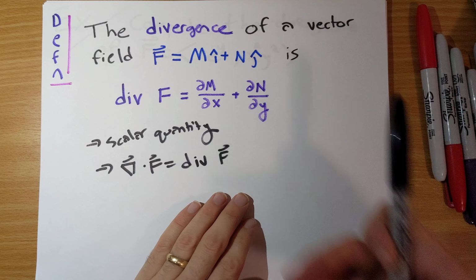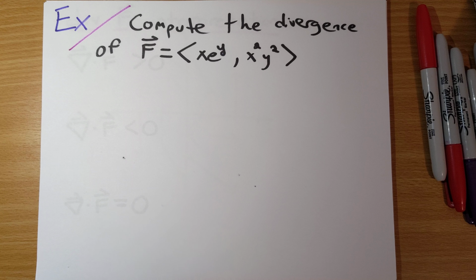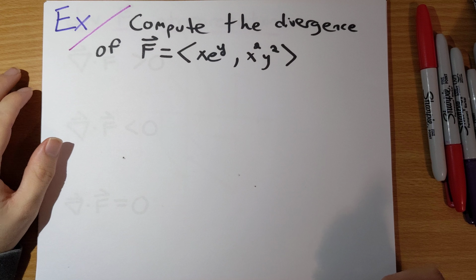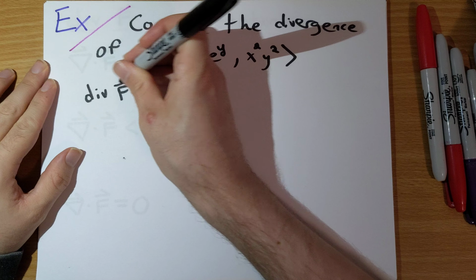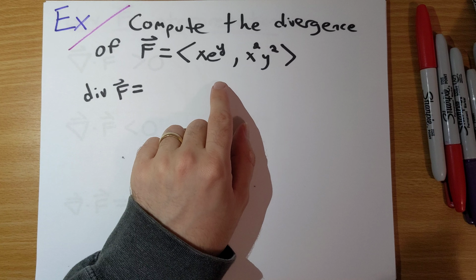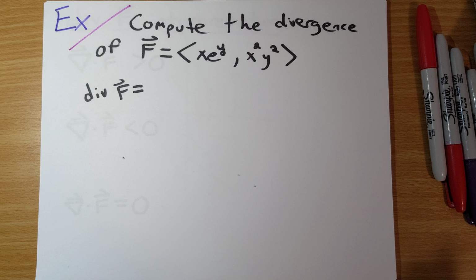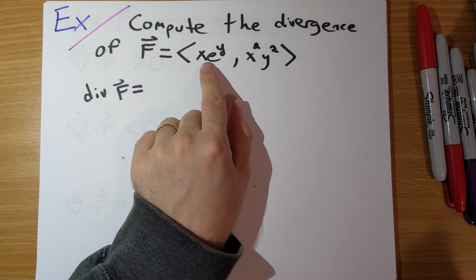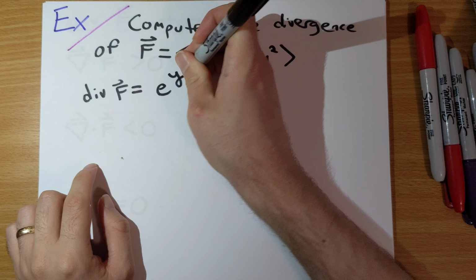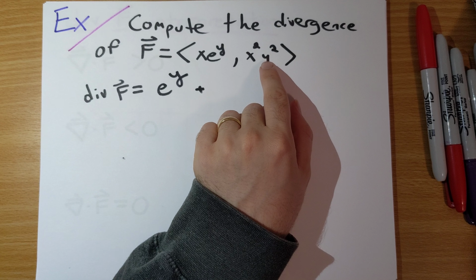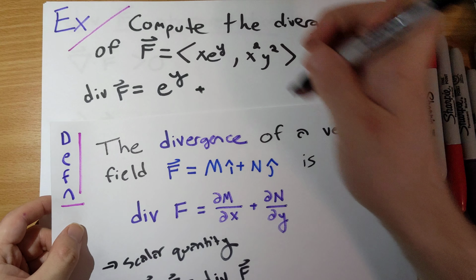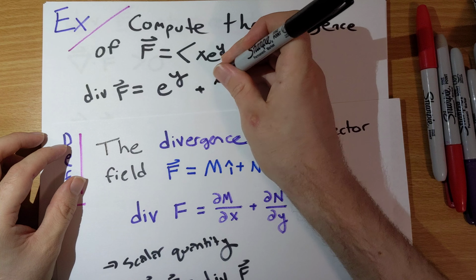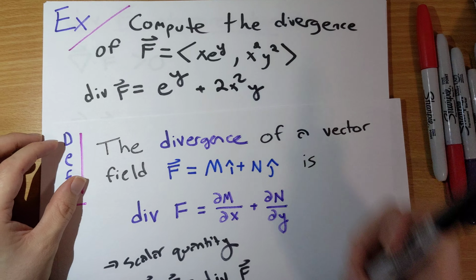Okay, so we can use this computationally. Let's compute the divergence of f, where f is x e to the y, x squared y squared. The divergence of f is equal to the partial derivative of the first component with respect to x, so that's e to the y, plus the partial derivative of the second component with respect to y, and that's going to be 2x squared y.